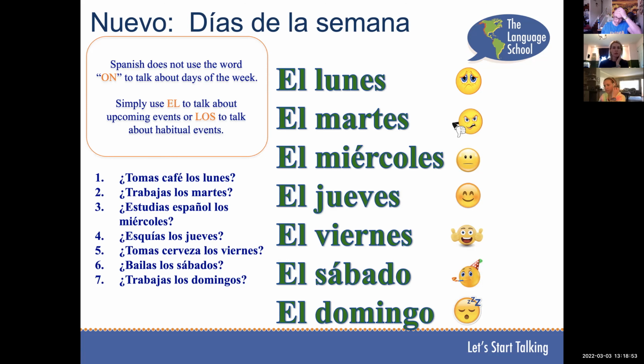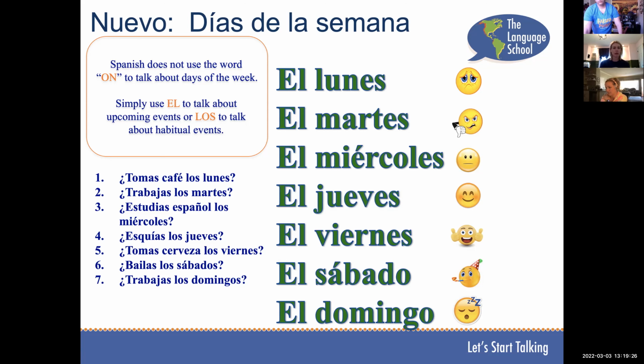¿Tomas café los lunes? Sí, tomo café los lunes. ¿Trabajas los martes? Sí, trabajo los martes. ¿Estudias español los miércoles? Sí, estudio español los miércoles. ¿Esquías los jueves?